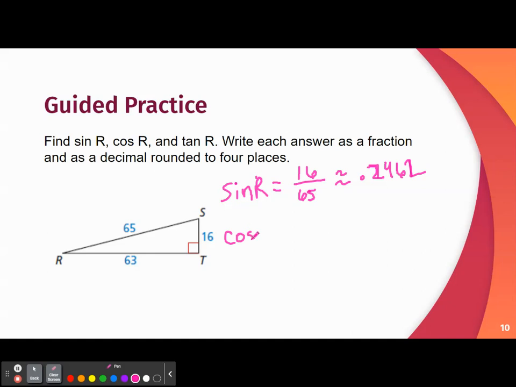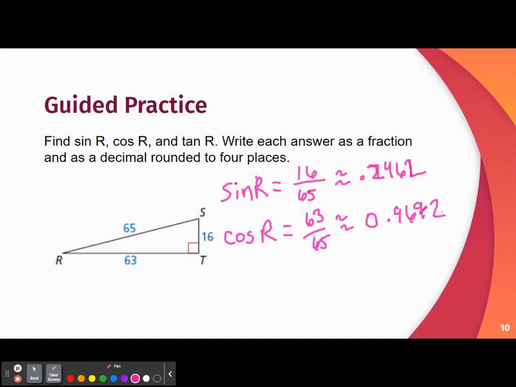Alright, what about cosine of r, Braxton? So you gotta do 63 over 65. And it is 0.9692.